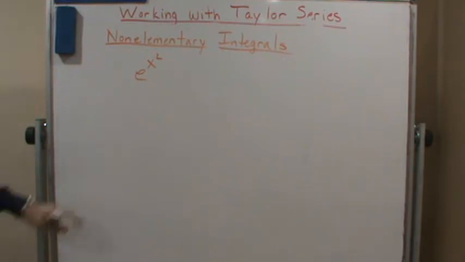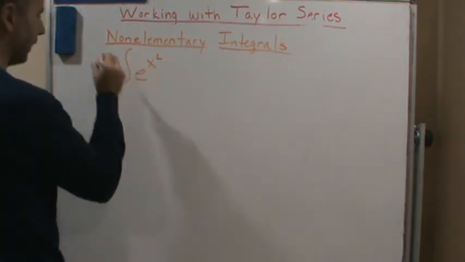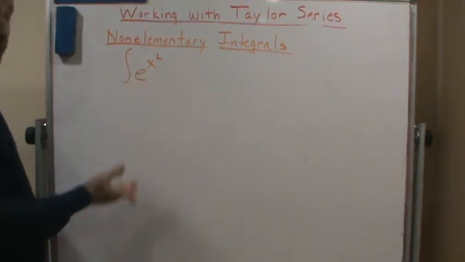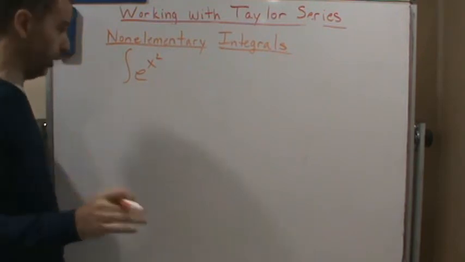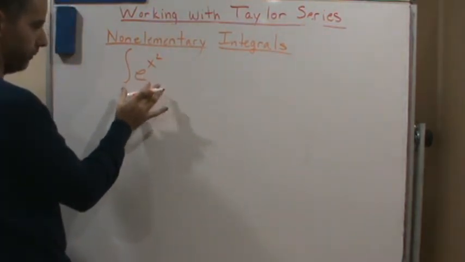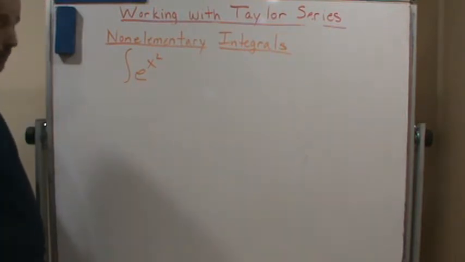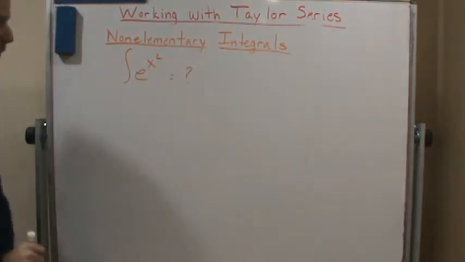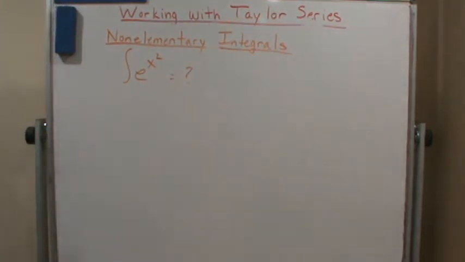So we can't just integrate this. If we want to integrate this function, there is no closed form for this integrand, or for this integral. The closed form doesn't exist.